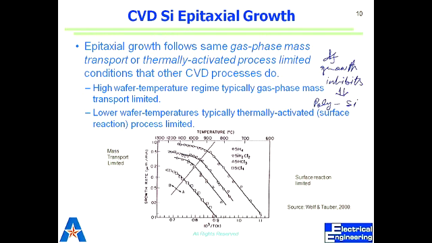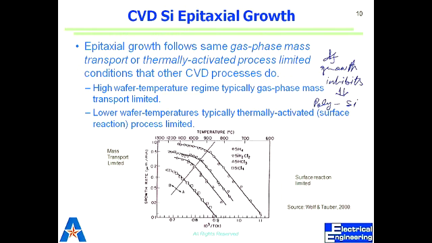The reaction kinetics are the same. It's mass transport limited or reaction rate limited. High wafer temperature gives us dependence on only the mass. How quickly can we transfer the mass? Because the reaction will continue with whatever it gets. Low temperature gives us thermally activated behavior. These are important factors for us to know.